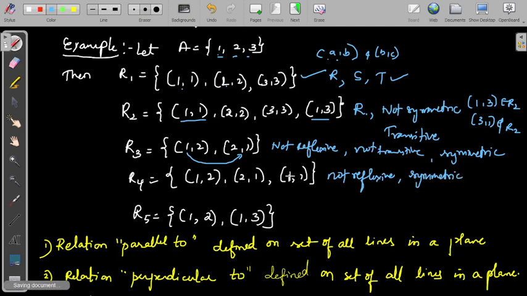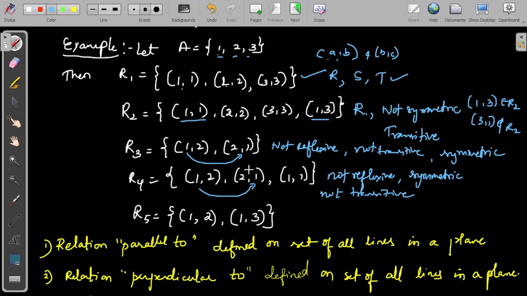And you have to check for transitivity. It is not transitive. You have to be very careful in problems like this, because 1 comma 2, 2 comma 1, 1 comma 1 is there. You can't conclude that it is transitive. You have to check for all possibilities. 2 comma 1, starting with 1, 1 comma 1, yeah, 2 comma 1 is there. 2 comma 1 then starting with 1 comma 2.